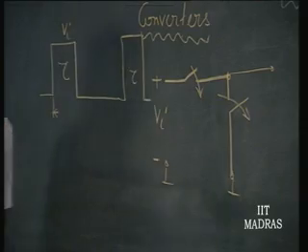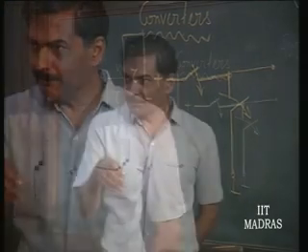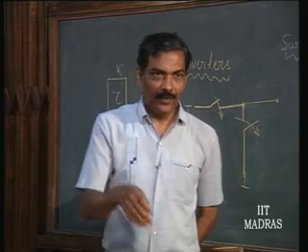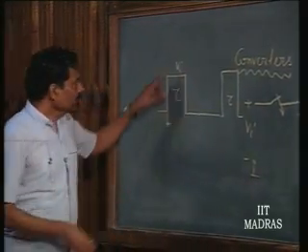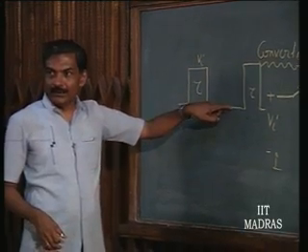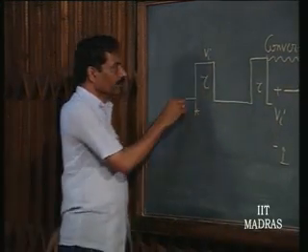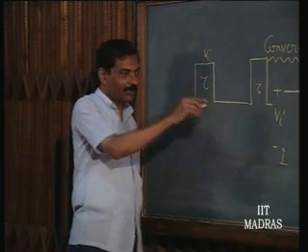A capacitor means I am not changing the voltage, I am just charging it and going to use the same voltage for further application. Now, I would like to charge and discharge so that the average voltage resulting out of this is how much?